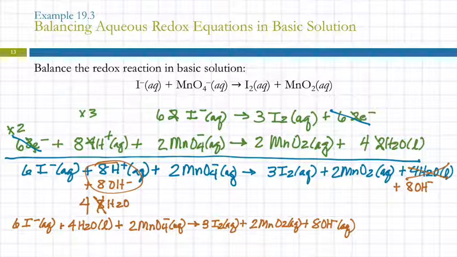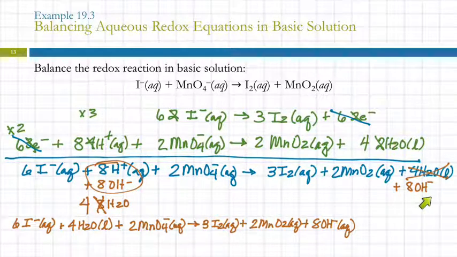Starting where? Adding the hydroxide, the orange stuff? Yes. Okay. So we had our balanced equation, but we had hydrogen ions here, and this is supposed to be in basic solution. We need to get rid of the hydrogen ions. So we do that by adding an equal number of hydroxide ions. Because if we add 8 hydroxide ions to the 8 hydrogen ions, those will combine and form 8 water molecules.